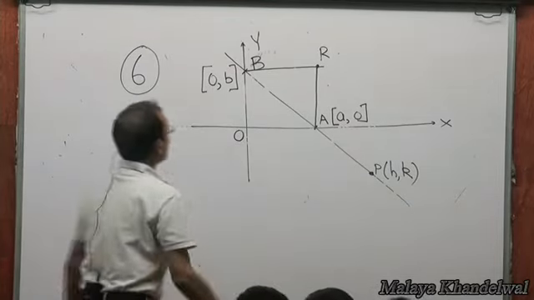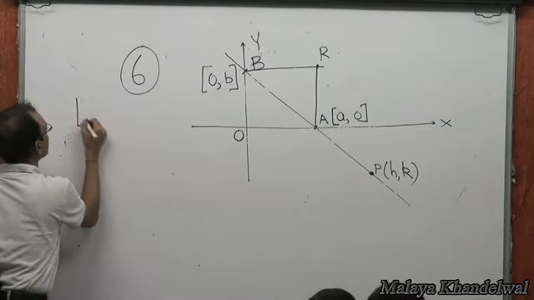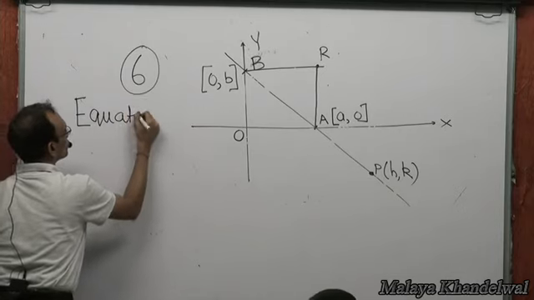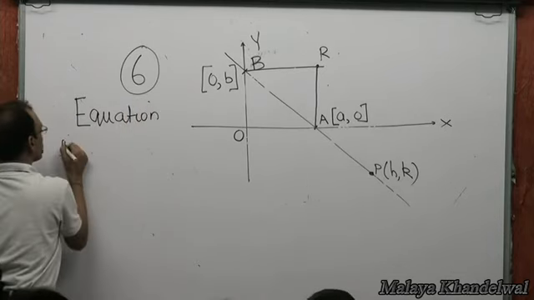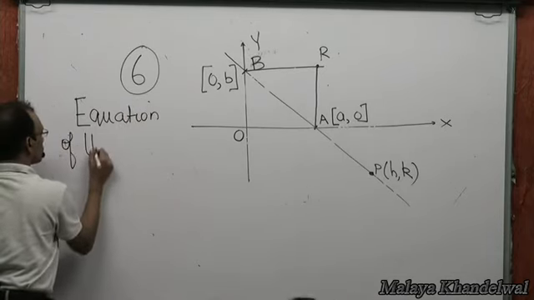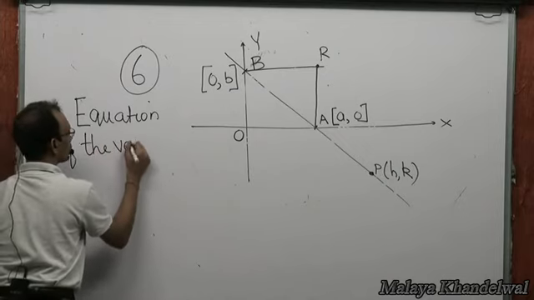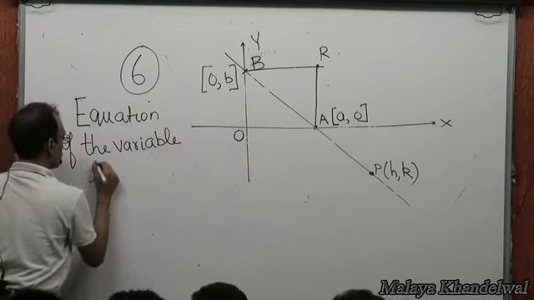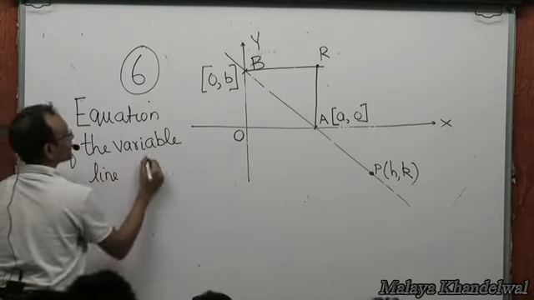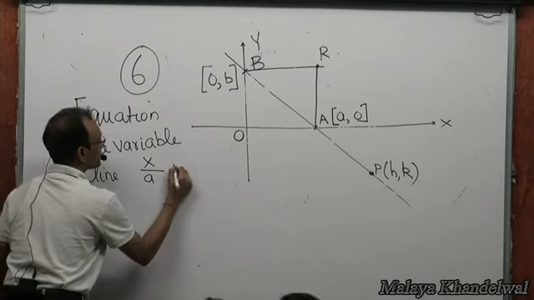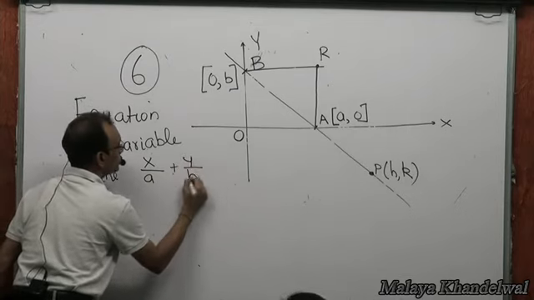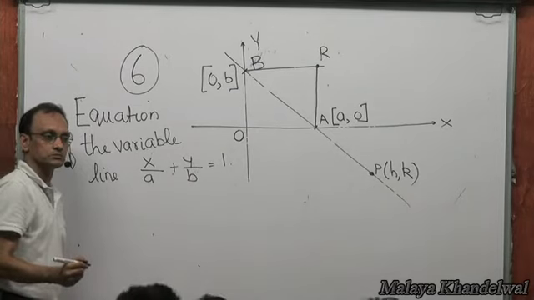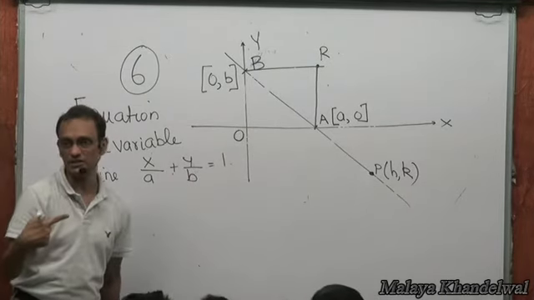So what's the equation of the variable line? It is x by A plus y by B equal to 1. Yes or no? A and B are parameters. Okay.